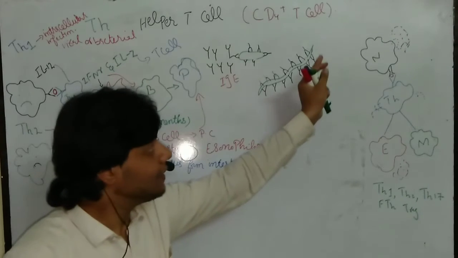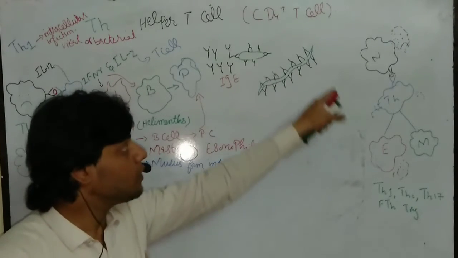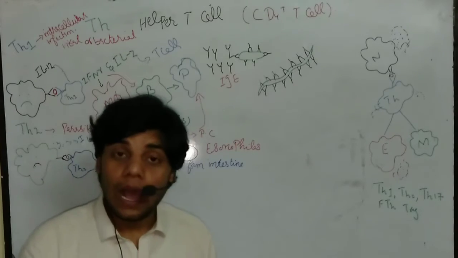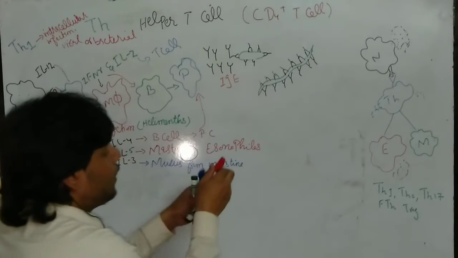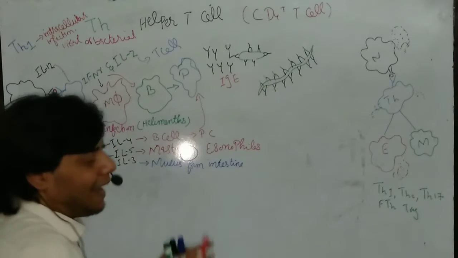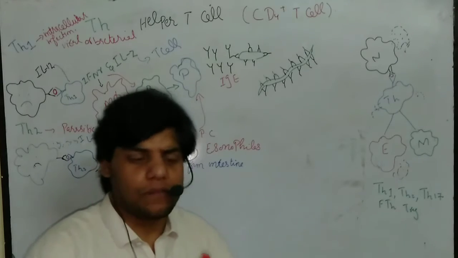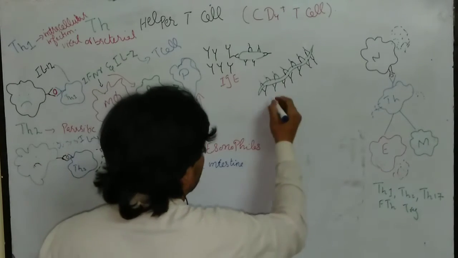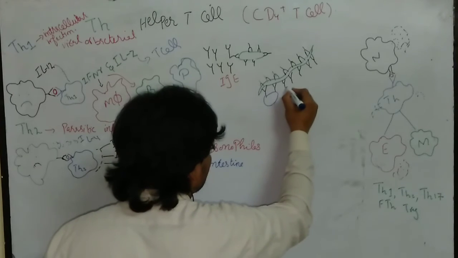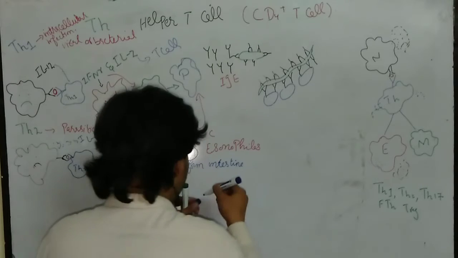Once the binding is done, once this parasite is coated with IgE antibody, what happens after that? Mast cells and eosinophils will bind here, because the mast cell binds perfectly at the Fc portion, as you can see.